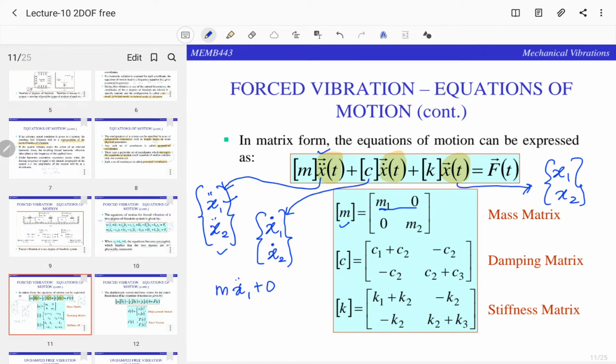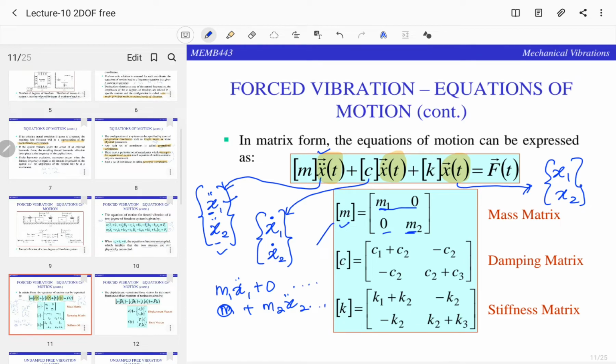You're going to have two equations of motion. Basically the next line will be 0 plus m2. So you have to multiply this row times this column. Yeah, so you get 0 plus m2 x double dot 2 and so on.